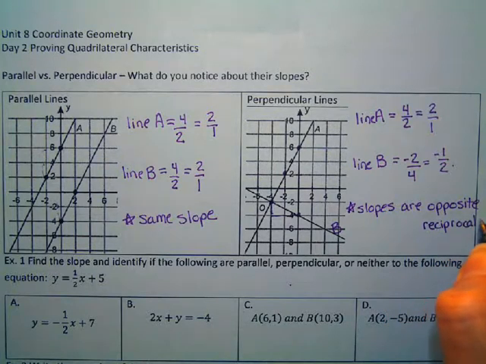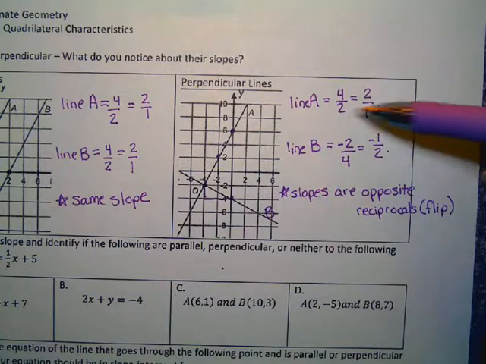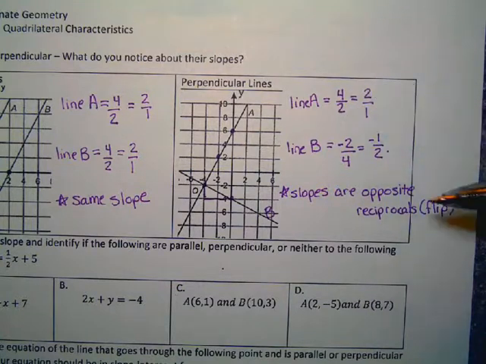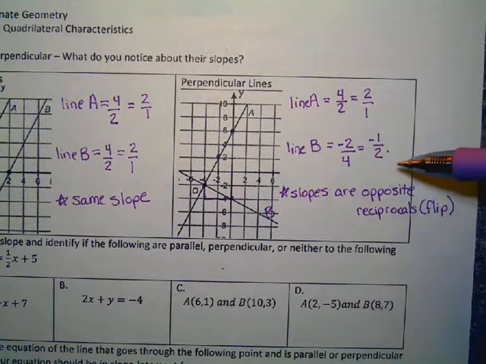Opposite reciprocals mean that it is flipped. The fraction would be flipped, and one is positive and one is negative. So if you ever have a whole number like 4 divided by 2 is 2, well, just remember to put 2 over 1 to make a number into a fraction, so when you flip it, it becomes 1 over 2.